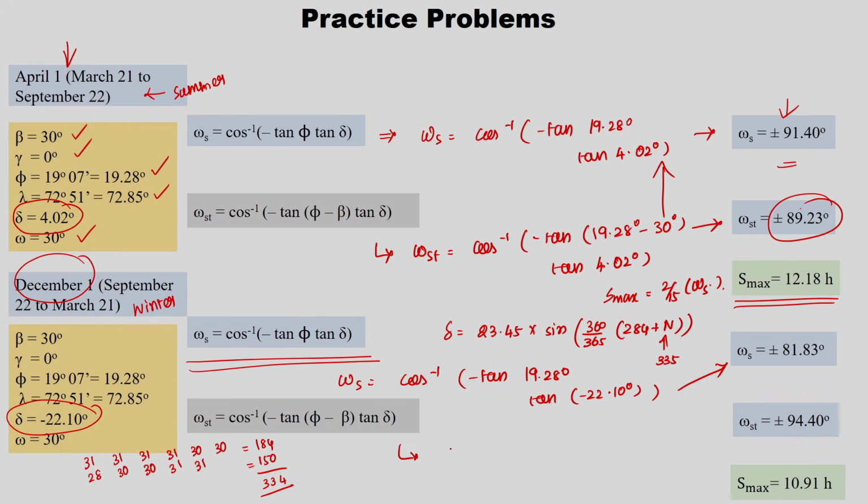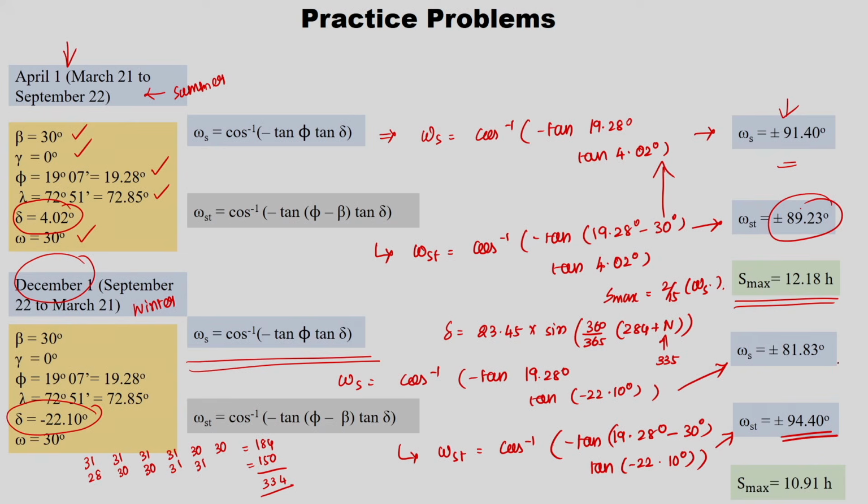If you substitute in the formula for the tilted surface, cos inverse of minus tan of 19.28 degree minus 30 and tan of minus 22.10 degree, omega st comes around 94.40 degree.